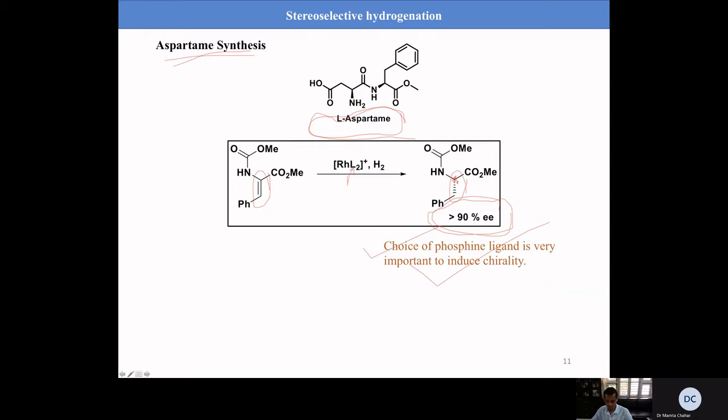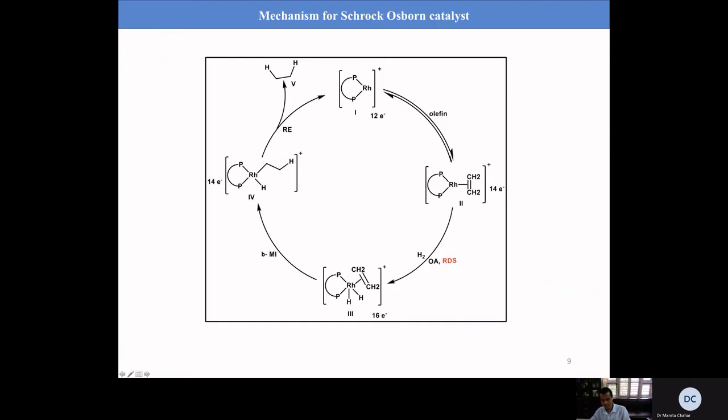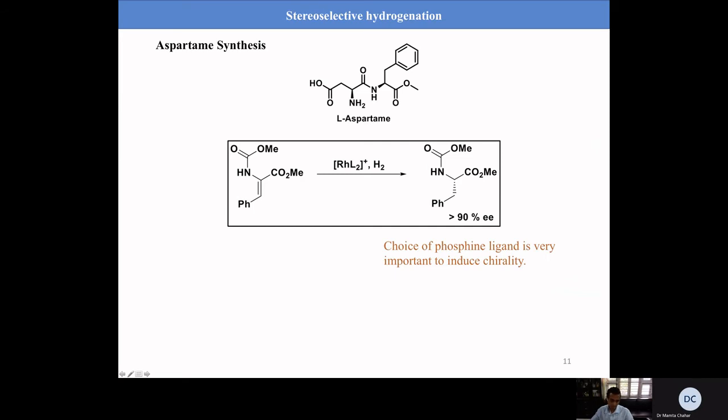Whether it is going to be an R center or S will be dictated by the ligand on the metal center. But otherwise, this is a simple hydrogenation reaction, Strock-Osborne type of catalysis. As you remember, the mechanism will be something like this. Simple mechanism: olefin coordination, oxidative addition, beta migratory insertion, and reductive elimination would give rise to these product formations.